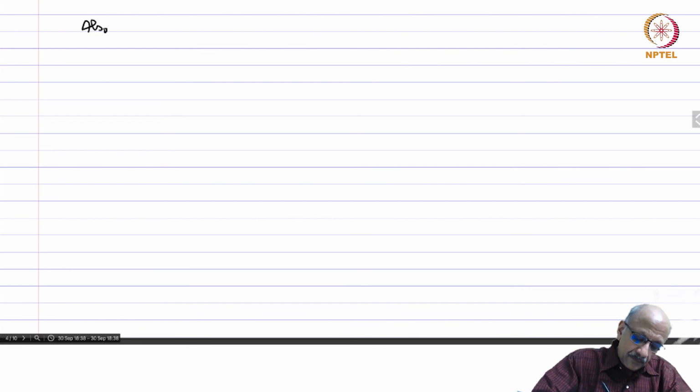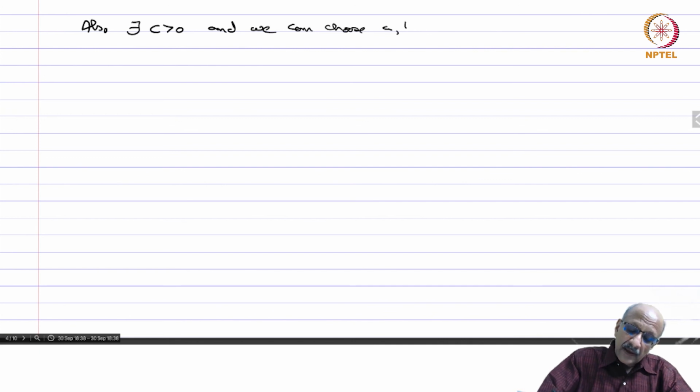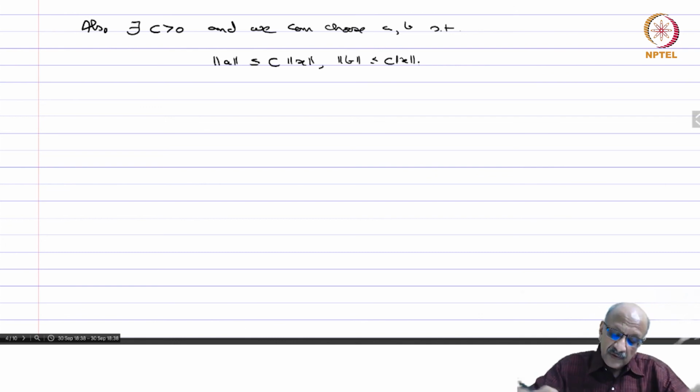Also, there exists a C positive and we can choose a, b such that norm a is less than or equal to C times norm x, norm b is less than or equal to C times norm x. This is the previous proposition which we already proved based on the open mapping theorem.